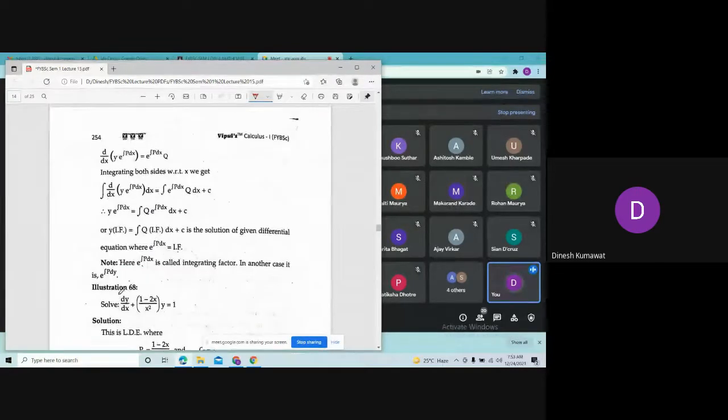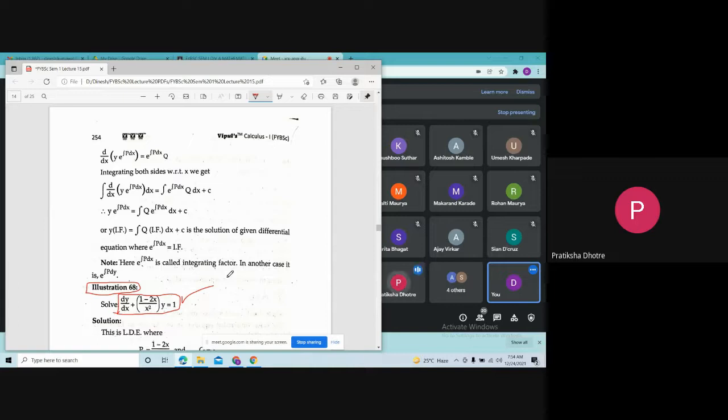Now observe this illustration number 68. Check whether this differential equation is linear in x or linear in y. Is it linear in x?